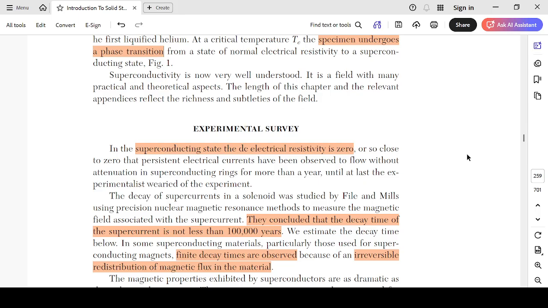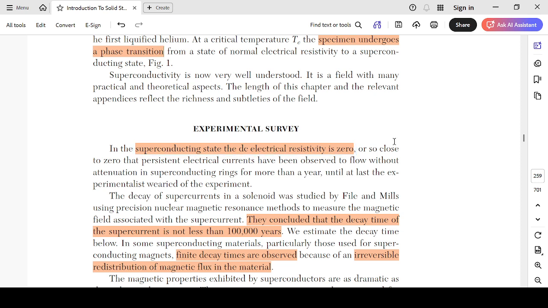So first of all, we are going to see what aspects were discussed regarding the experimental survey. It is experimentally observed that in the superconducting state, the DC electrical conductivity goes to zero.